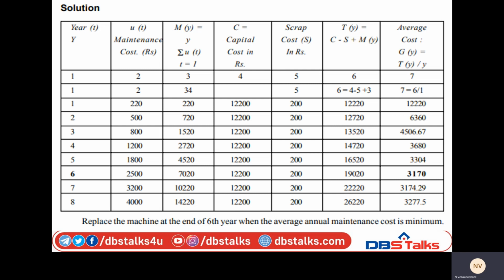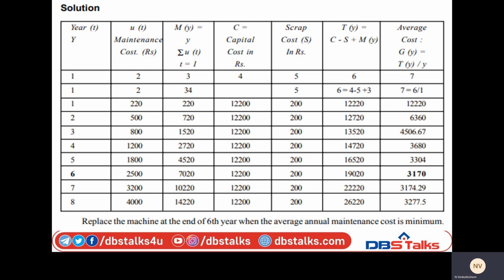In the sixth year, 3170. But in the seventh year, 3174.29. It means up to the sixth year the average cost is minimal, but in the seventh year the average cost has increased. So we need to go for the replacement of the item at the end of the sixth year.